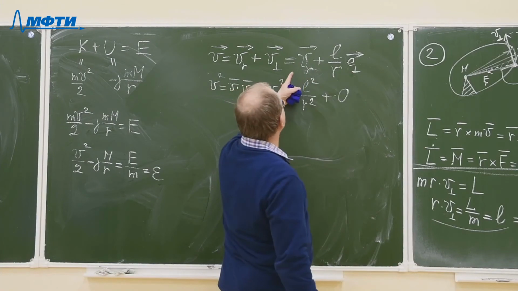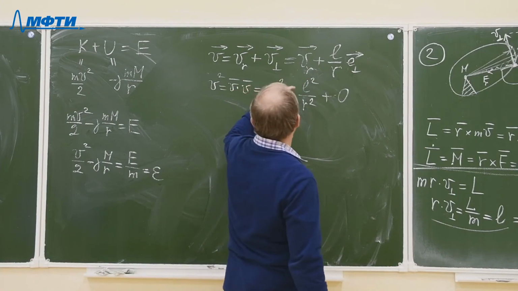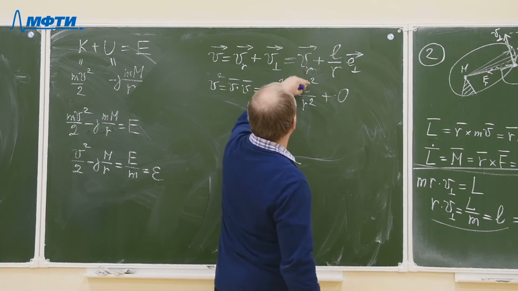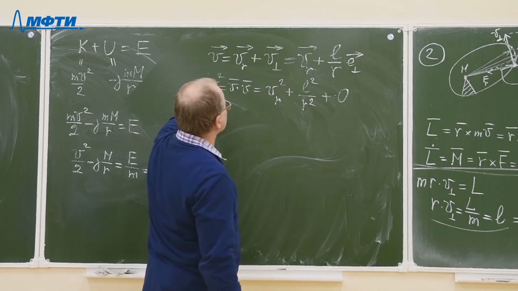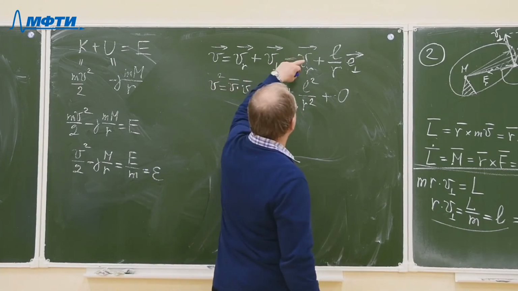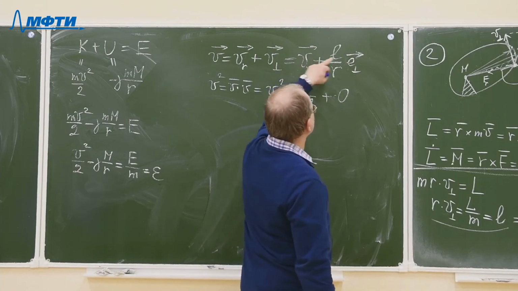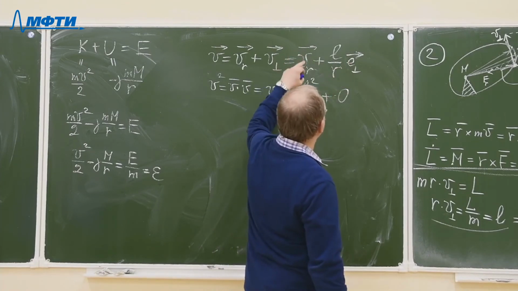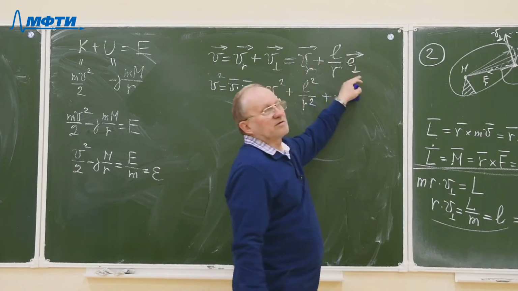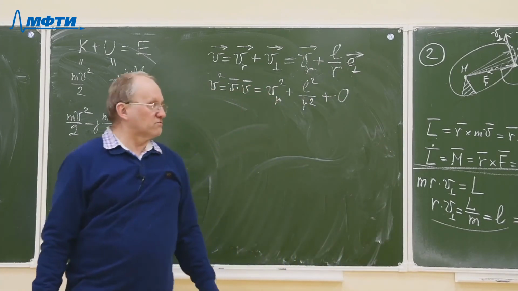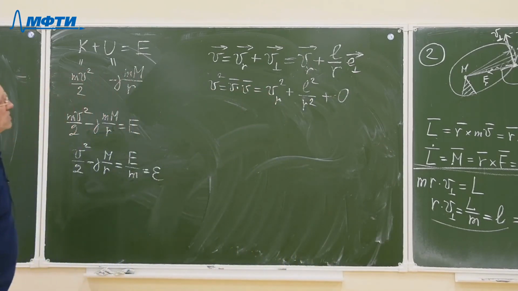When I take v squared, I will have to find the square of the first term plus the square of the second term plus the double product of these two terms, which will be 0, because these two vectors are perpendicular to each other.